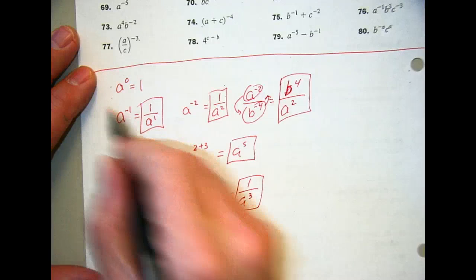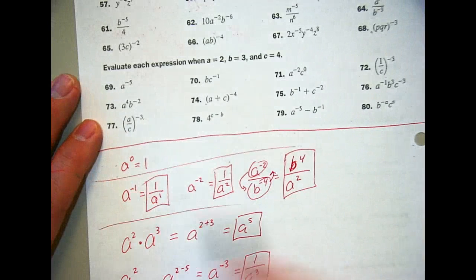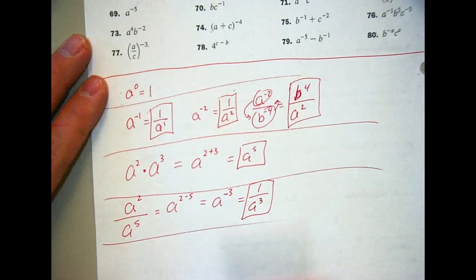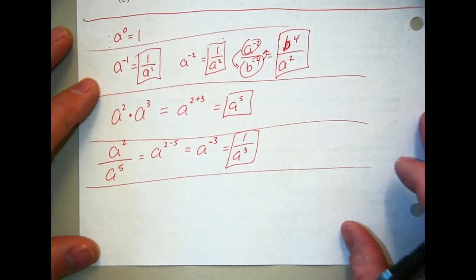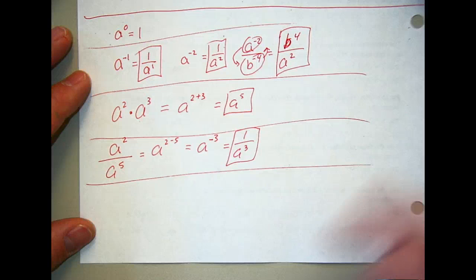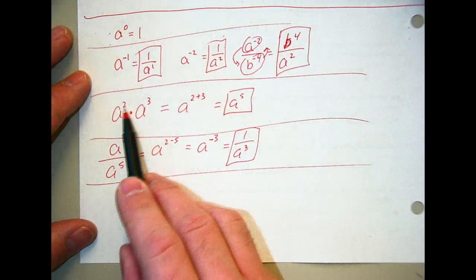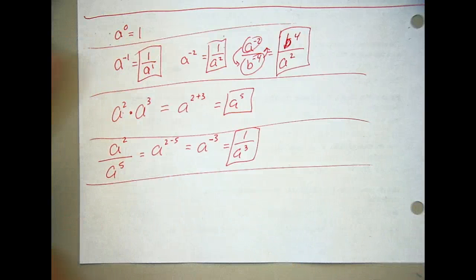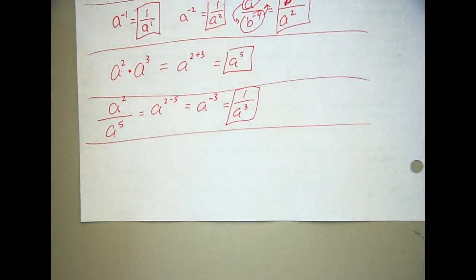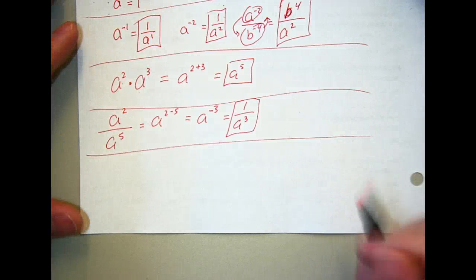Okay, so we have a bunch of rules. Not quite done with them, but trying to go through them here. Any questions up to there? If you're multiplying the same base, you add the powers. If you're dividing the same base, you subtract them. Those should all be review. In fact, we're just doing them in algebra right now.